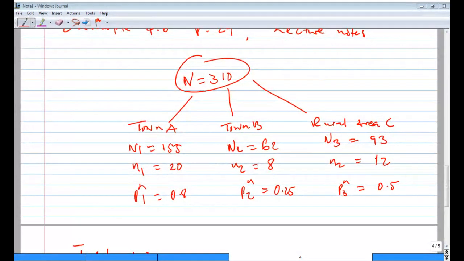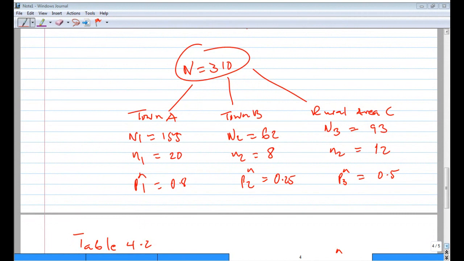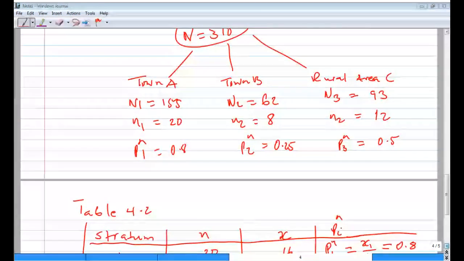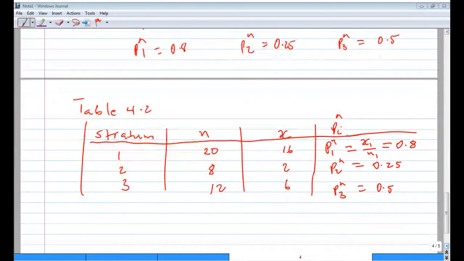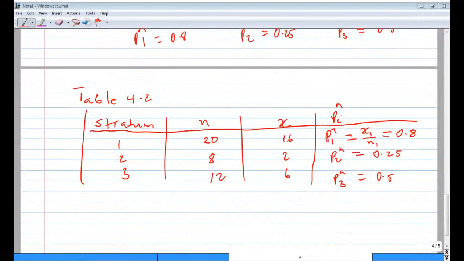According to example 4.6, it says what? Estimate the population proportion of households viewing show X and place a bound on the error of estimation. We're estimating the population proportion of households viewing show X. Remember, it's under stratified random sampling, so it's P_st estimate, okay?